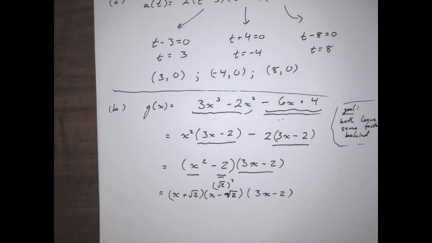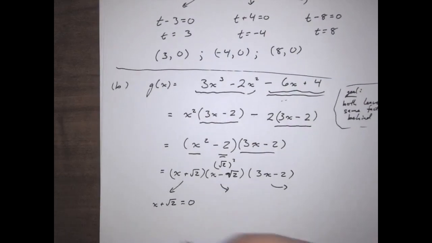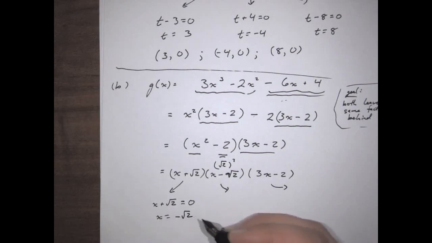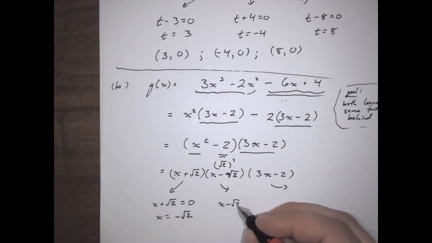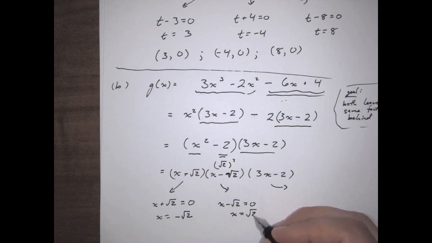And then that gives us the opportunity to now look at the three pieces separately and look at what intercepts they would give us. So x plus root 2 equals 0. That gives us x equals negative root 2. X minus root 2 equals 0. That gives us x equals root 2.